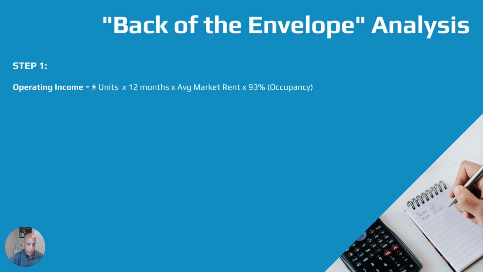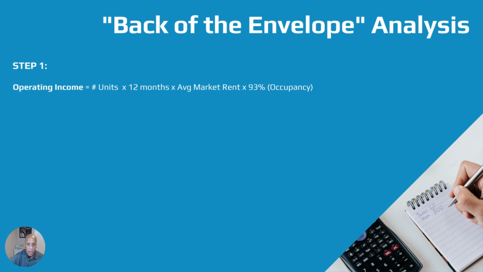We also need to know the average market rent on each unit. So we add up all the rents, then divide by the number of units to get an average market rent. Then we multiply that number by 93% because we have to account for a vacancy factor.